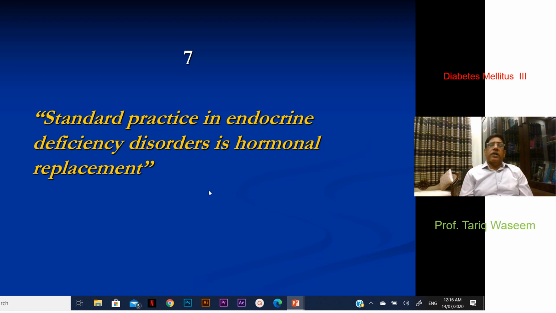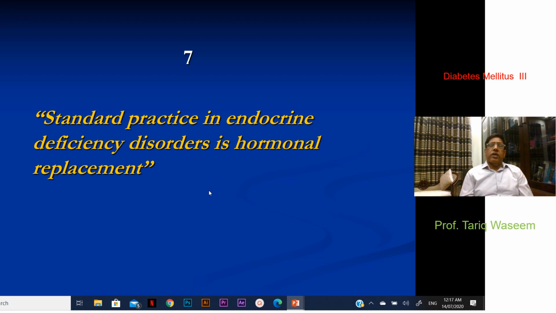We all know that in endocrine disorders, when there is deficiency of a hormone, this hormone needs to be replaced. So in type 1, it is definitely an absolute indication that the patient should be on insulin. And in type 2, of course, with time there is a lack of release of insulin from the pancreas, or a lot of resistance to the action of insulin. Despite high levels of circulating insulin, you would have poor glycemic control.